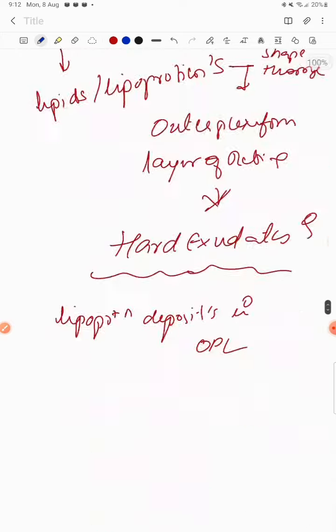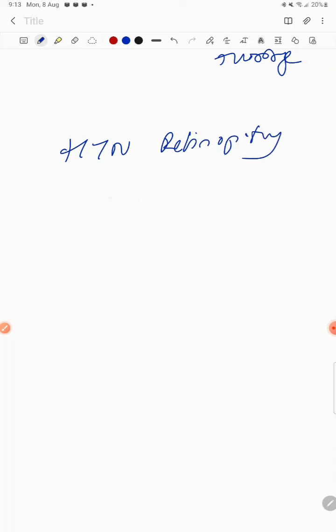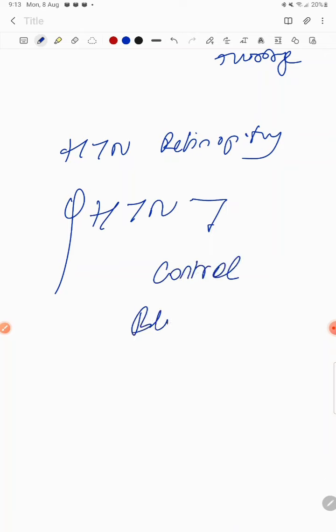Now coming to how you are going to manage hypertensive retinopathy. Here, who is the villain? Your villain was hypertension. So control the blood pressure. How?